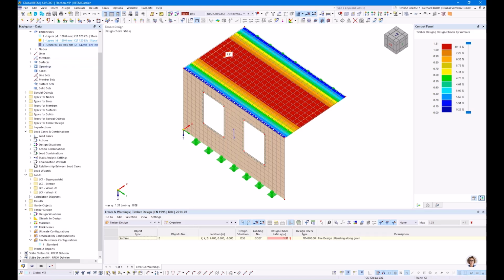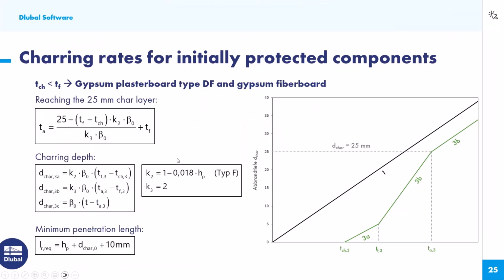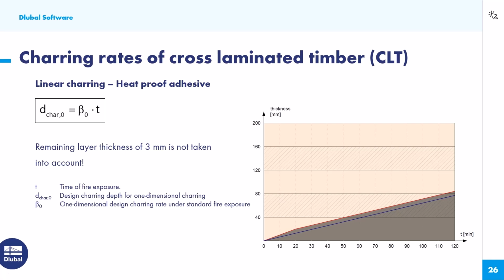Time is running quick. Maybe switch over directly to the slides and have a look at CLT, which has some special rules. Before I start with CLT, as you know, it's not directly regulated in the current Eurocode. It is covered in a few annexes like the German and the Austrian one, but this timber design is not part of any annex.